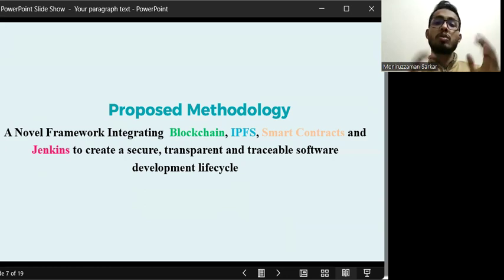It is possible to create a digitalized software development tool that will provide a suitable environment, and that is a novel framework integrating blockchain, IPFS, smart contract, and Jenkins that ensures transparency and traceability in the software development lifecycle.